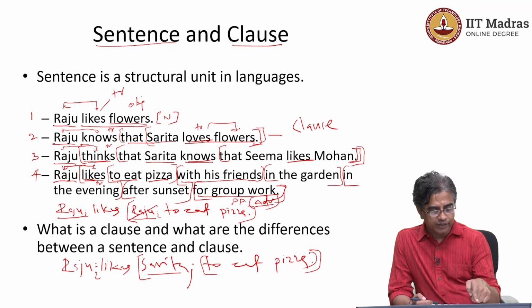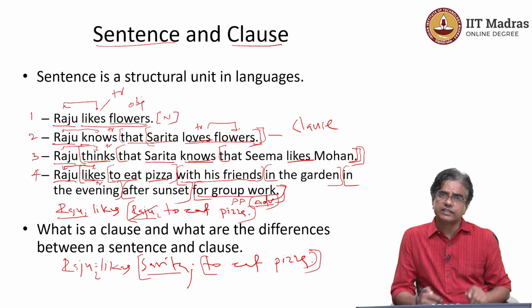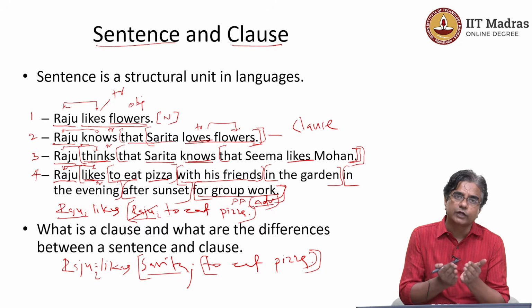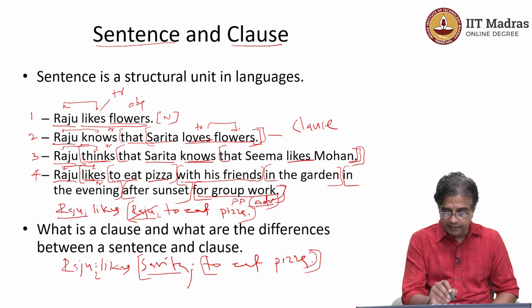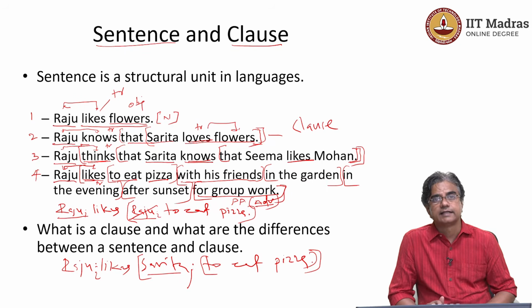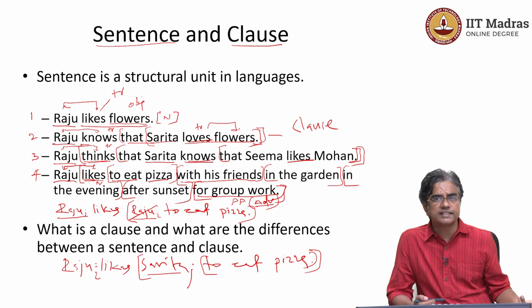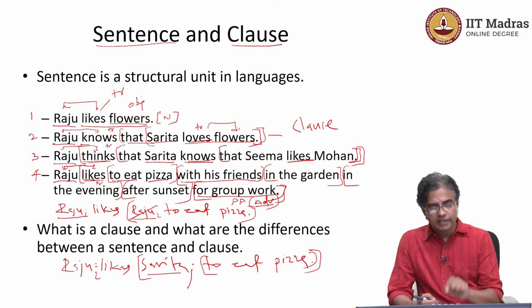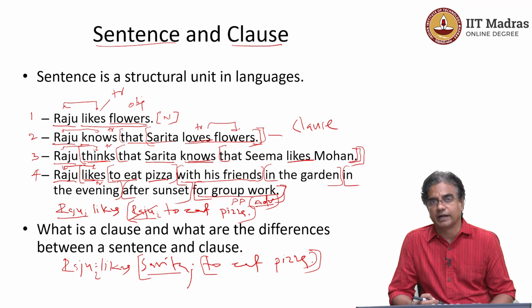For example, we can say Raju knows that Sarita loves flowers. So this is an embedded clause within a matrix clause. But Sarita loves flowers has the potential to become an independent clause by itself. But a non-finite clause like this one does not have that capacity to become an independent clause.